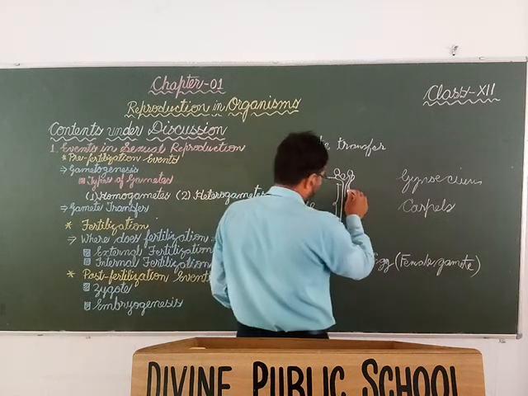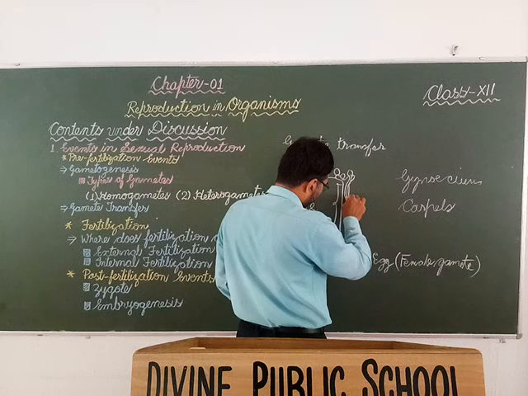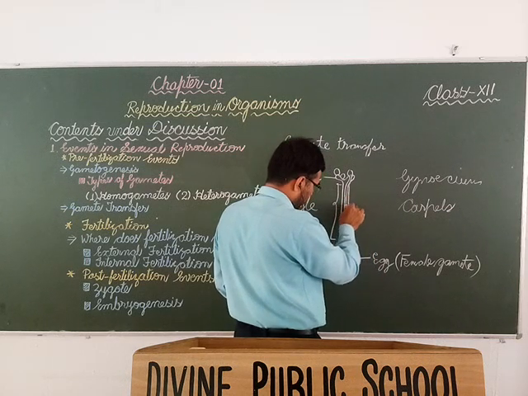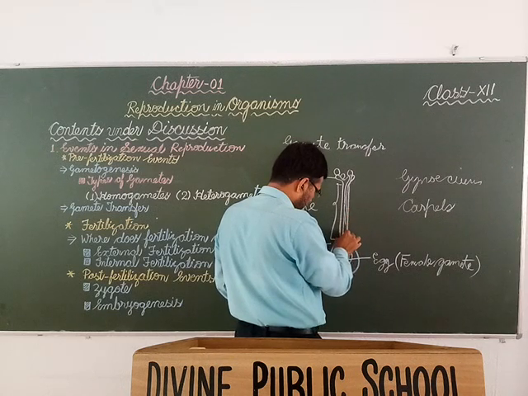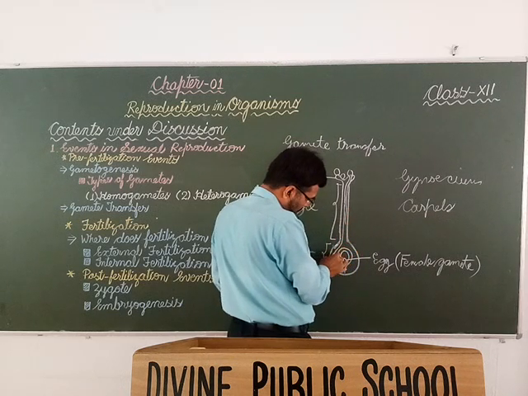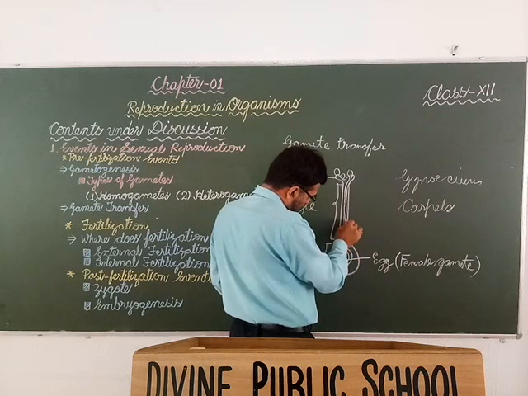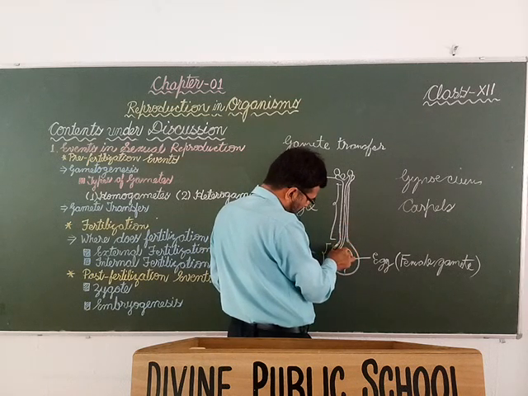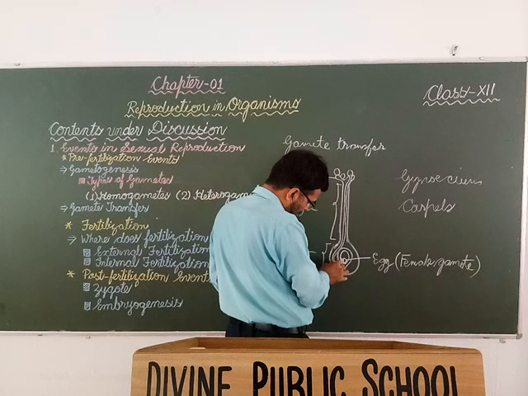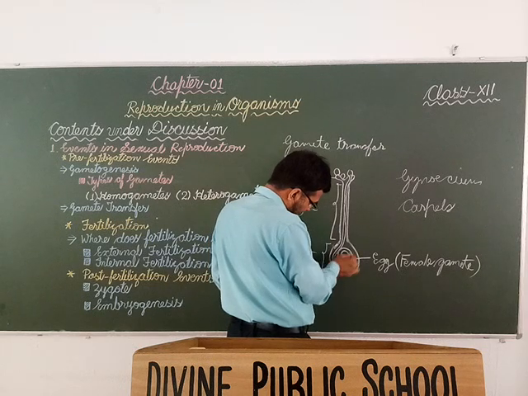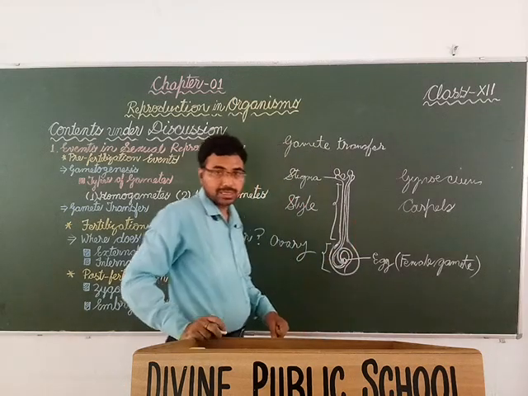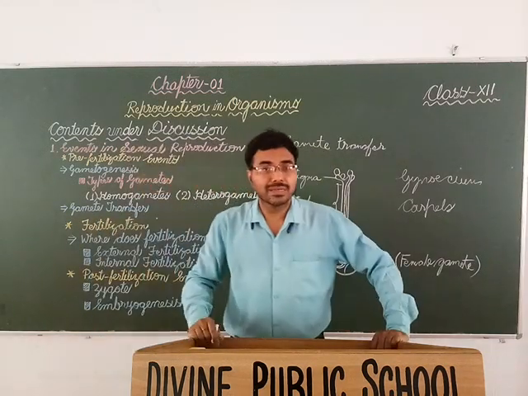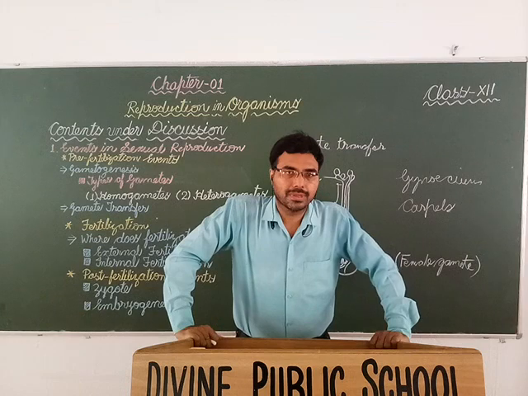Now, they move through the style, and finally the pollen tube reaches the ovule, and through the micropyle of the ovule it enters inside the female gametophyte, where there is the female gamete.